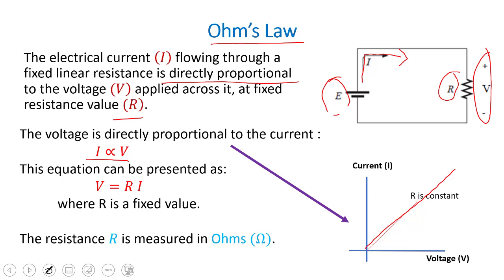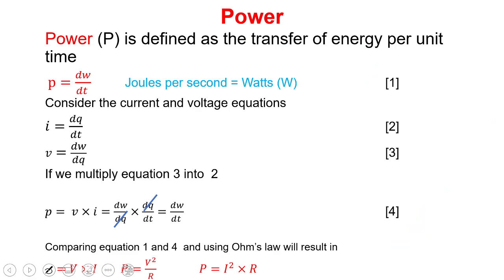We know that this means that I is proportional to V. In order to make this an equation, we are going to say V is equal to I multiplied by R, or R multiplied by I, where R is a fixed value, and in this case it is our resistance measured in ohms.